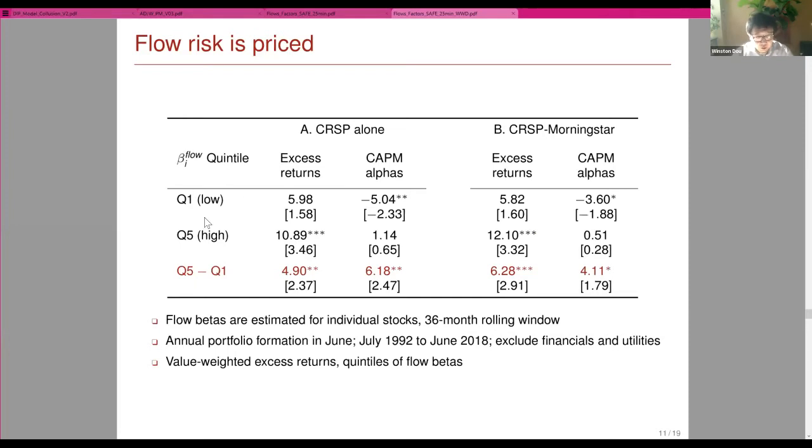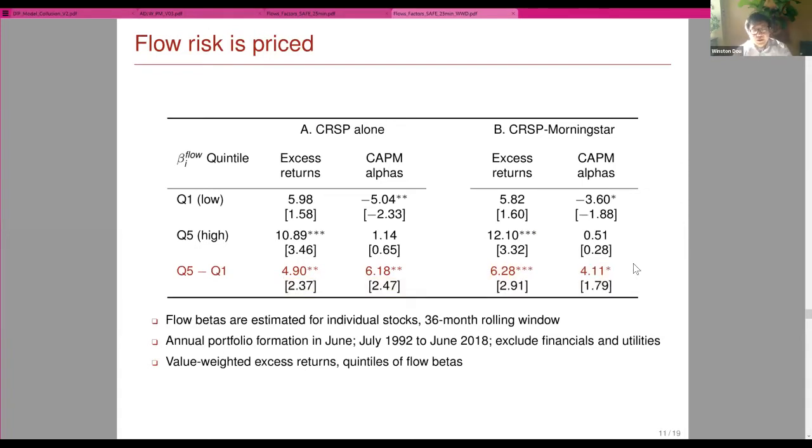We sort them from low to high, and we want to see whether in the data, as the model implies, the stocks with high flow betas have high expected returns. Actually, if you look at panel A, it's based on CRSP data only, we have this significant result. And also when we move to the intersection sample of CRSP and Morningstar, we see exactly the same result. So hopefully this convinces you that's the case.